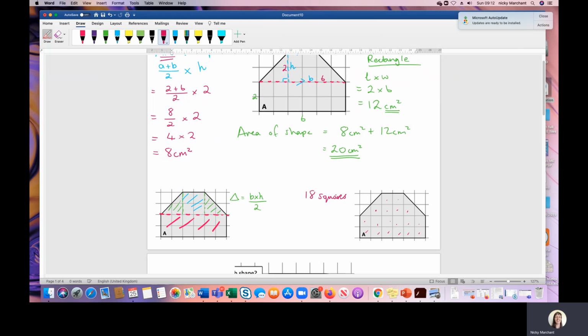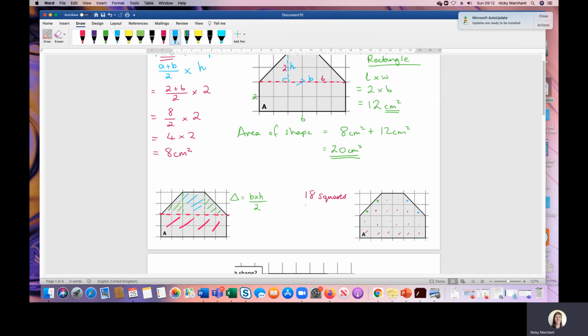Okay. Now you can only do this method if you have not got a circle or part of a circle, because then it doesn't get accurate enough. Now the generally accepted rule is with any polygon, 2D shape without those curved edges, every pair of part squares, no matter if they're exactly half or not, you just pair them up, count all your total part squares, they will match up and make a whole square.